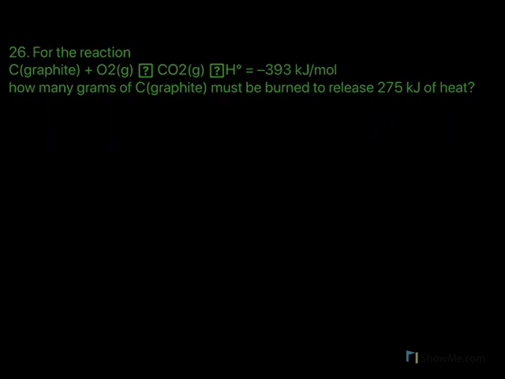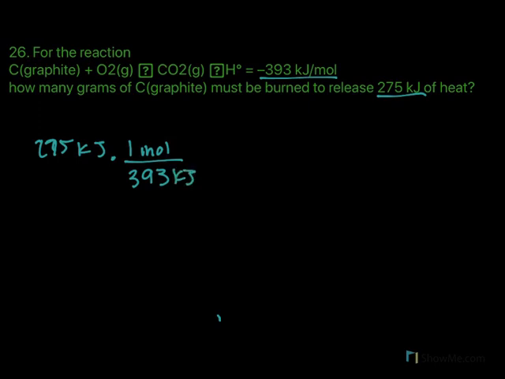Alright, so this one is also number 8 on the worksheet. It asks how many grams of graphite must be burned to release 275 kilojoules of heat. So we want 275 kilojoules, so we'll start with what we supposedly have. We'll convert this into moles. Why? Well, there's no other value here. So 1 mole is negative 393, but we can't have negative grams, so we'll just do 393 kilojoules.